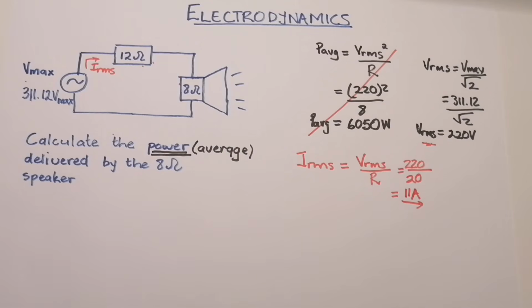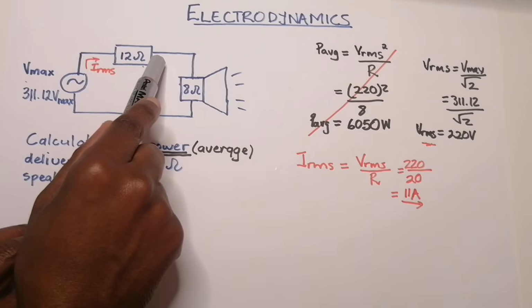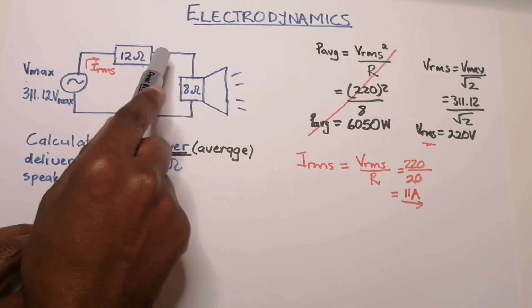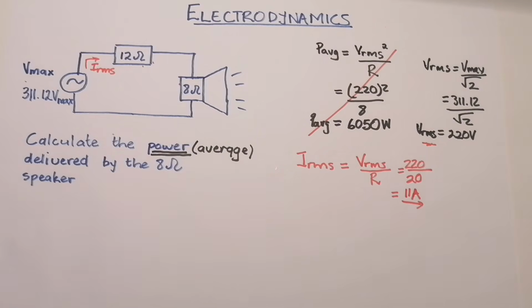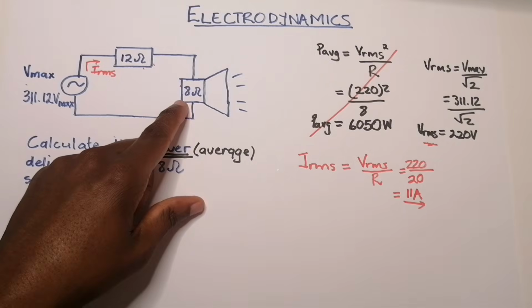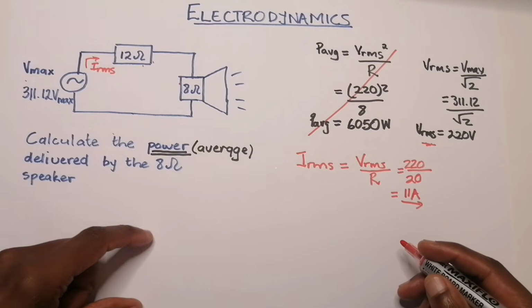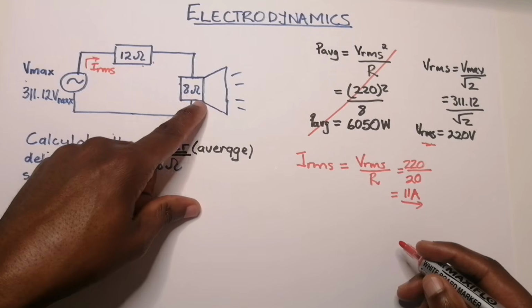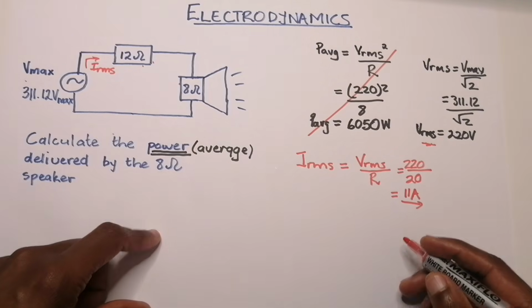So with current, what do I know about current? I know the current passing across the 12 ohm resistor should be the same current passing across the 8 ohm resistor, isn't it? So can I now find the power that is dissipated there? I know the current passing there, and I also know the resistance.